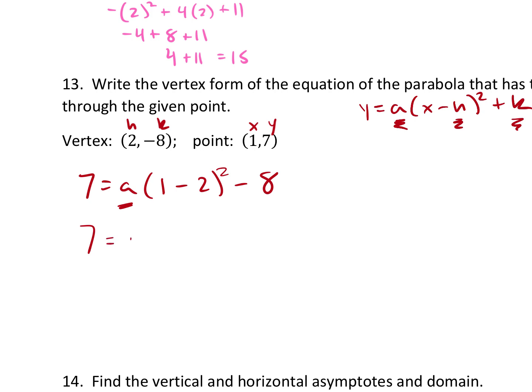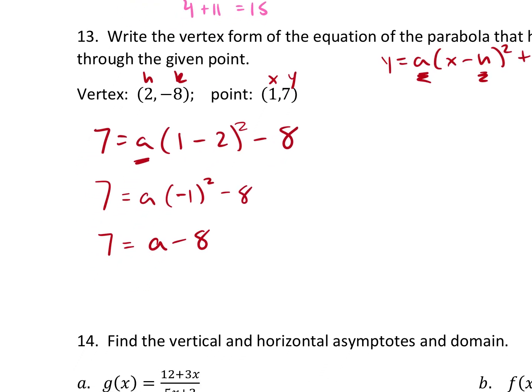So I have 7 is equal to a times, I got to do my parentheses, so that would be negative 1 squared. What's negative 1 squared? 1. So that would be a times 1, which is just a, minus 8. And then what would I do next? Add 8 to the other side. So this would be 15 is equal to a.